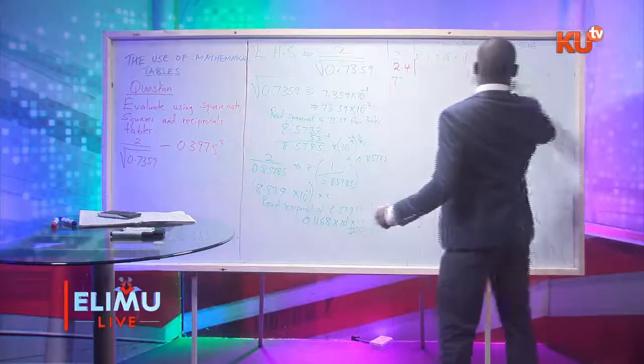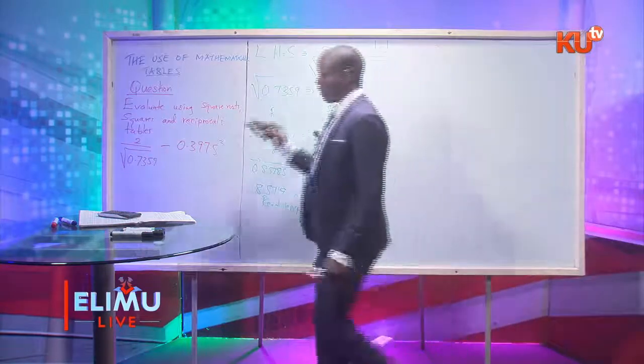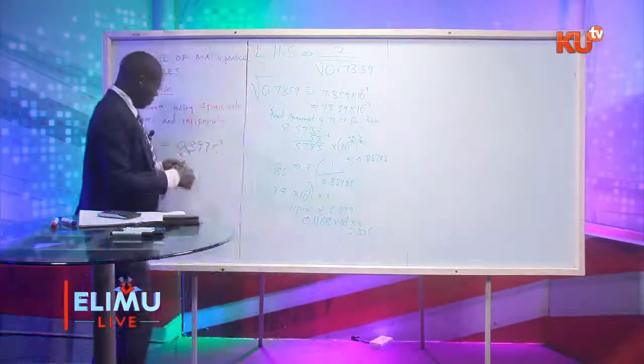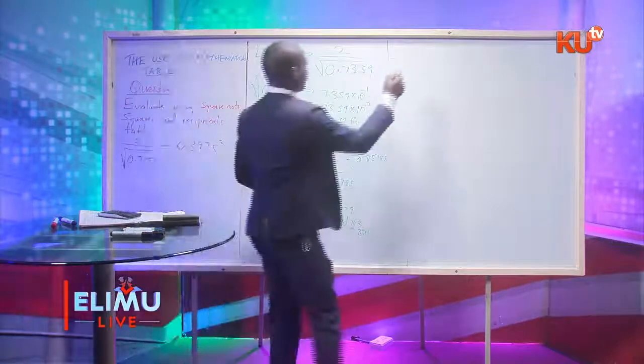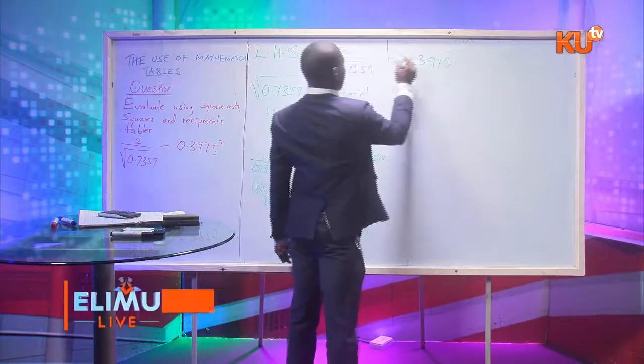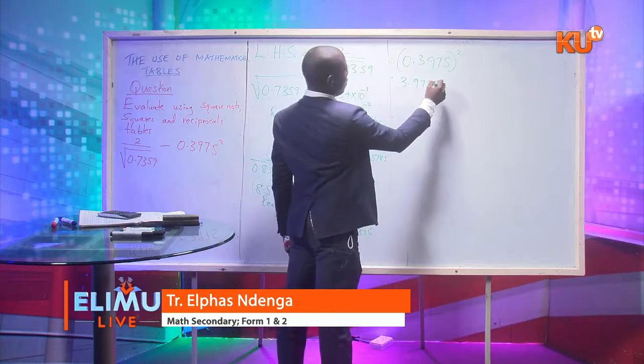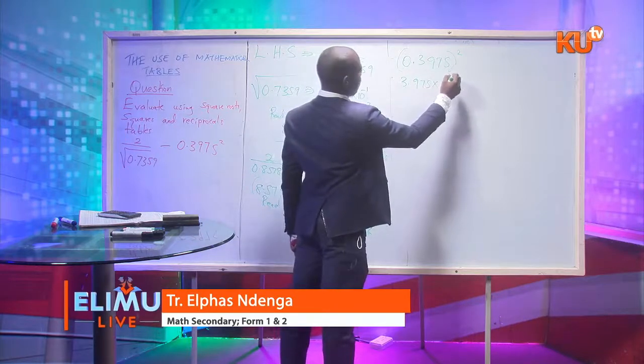And finally, we look at the last part, which has the square. For the square, we have 0.3975 squared. Standard form, 3.975 times 10 power negative 1, then we square.